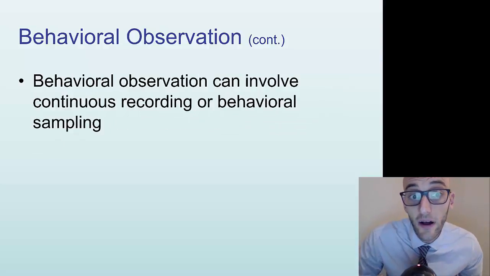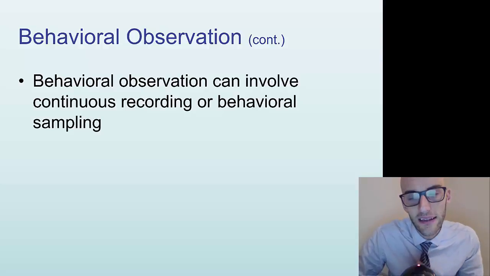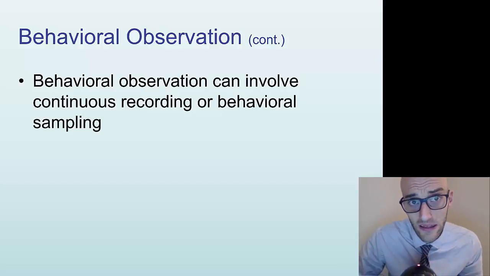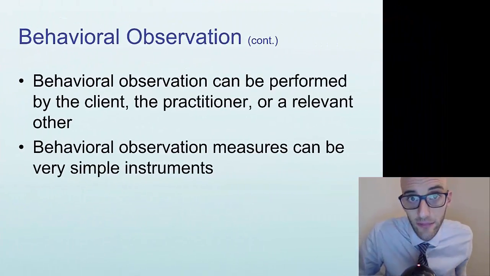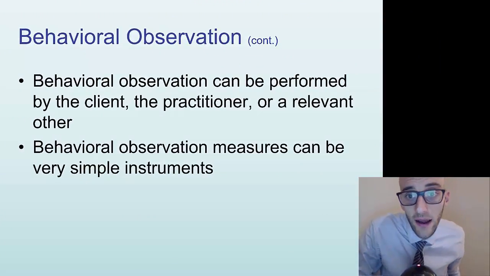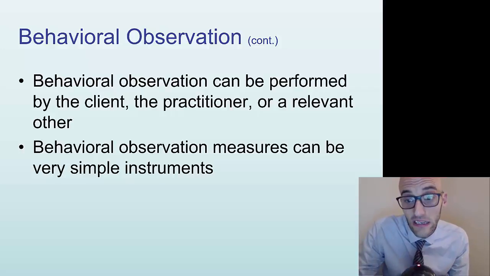Behavioral observation can involve continuous recording or behavioral sampling. Something that a lot of students have been doing recently is using like Fitbit or Apple Watch or something along those lines in order to get a continuous rating. And behavioral observations can be completed by the client, the practitioner, or a relevant other, and behavioral observation measures can actually be relatively simple instruments to use.